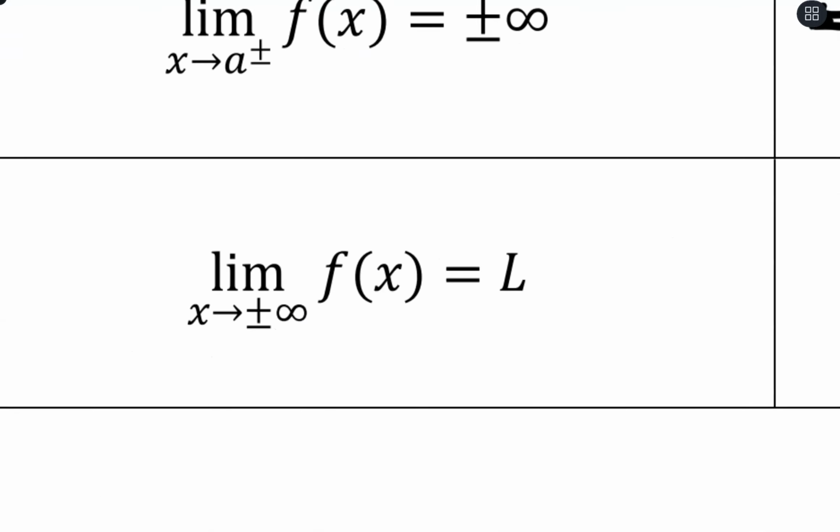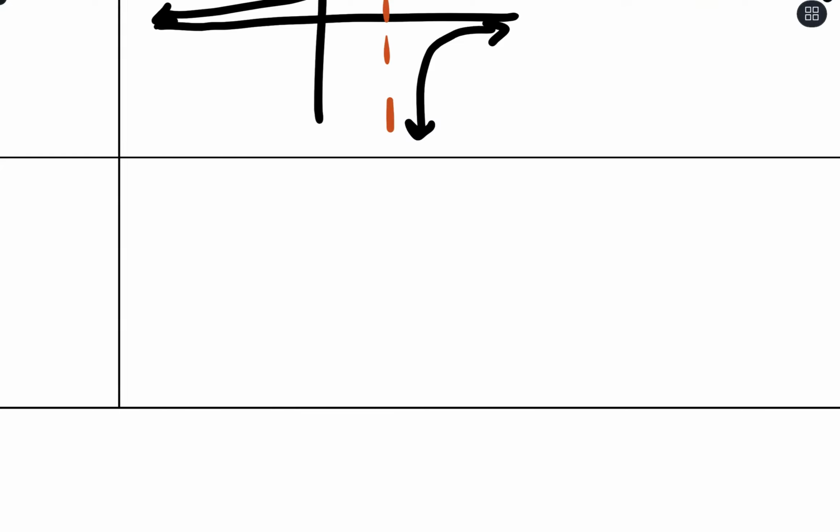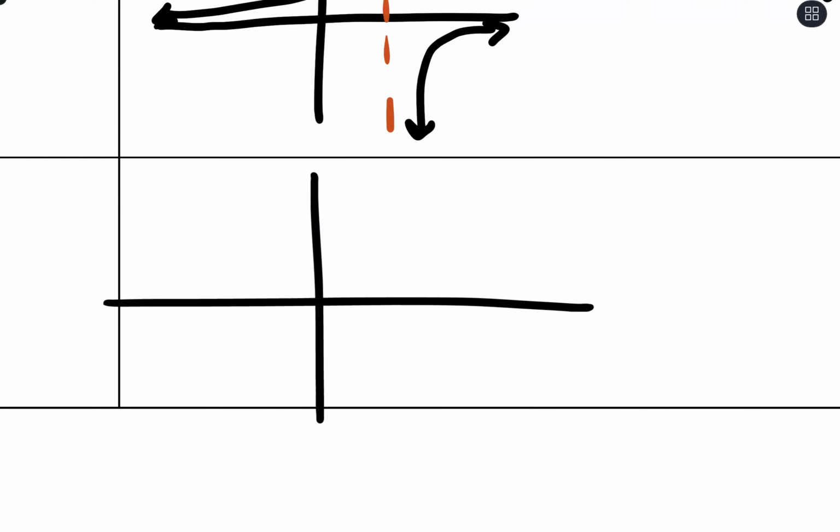Let's say we're looking at the limit as x approaches positive infinity or negative infinity, and our function is approaching L. In this case, it's the idea of going out to x equals positive or negative infinity, and we're approaching a value in the long run, we're approaching an output. That's going to come through as a horizontal asymptote.